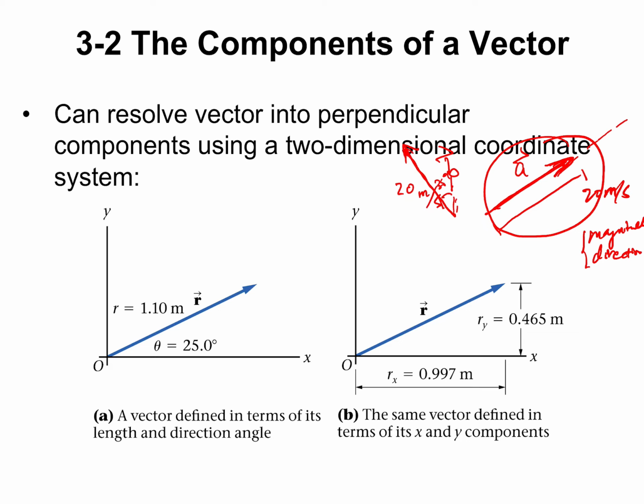Now we can introduce this vector into a coordinate system. This class will only confine us to a two-dimensional coordinate system, which is x and y. If it's three-dimensional, then you have x, y, z. So we can put this vector into a coordinate system. Here, this is vector r. The magnitude of vector r is 1.10 meters.